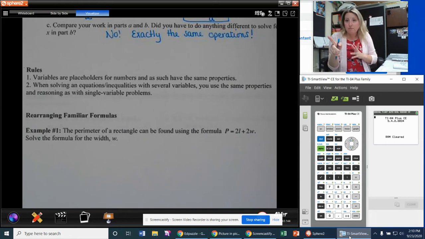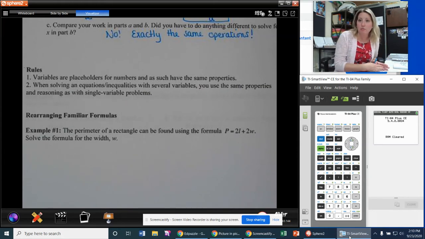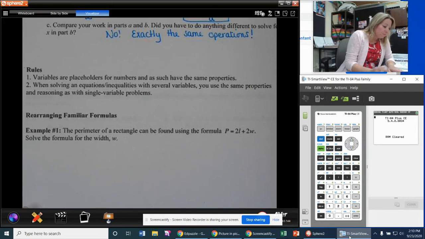Keep in mind, if you are using an inequality sign instead of an equal sign, if you divide both sides by a negative, you still have to flip your sign. And that's the only real trick that might occur in anything that we're doing here. But I will show you an example where we would know we're dividing by a negative. Okay, so I'll tell you about that.